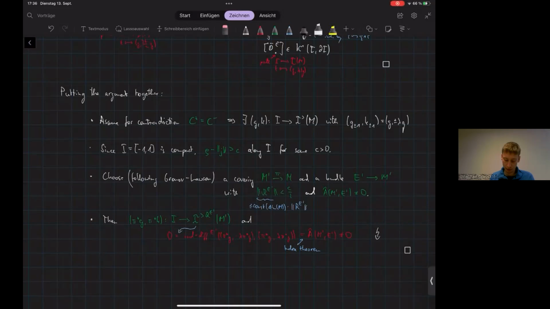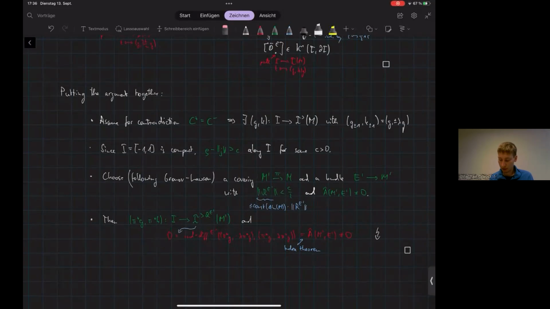And for this reason, we know from one of these properties of the index difference that I mentioned in this proposition after the construction, that this relative index difference is zero.